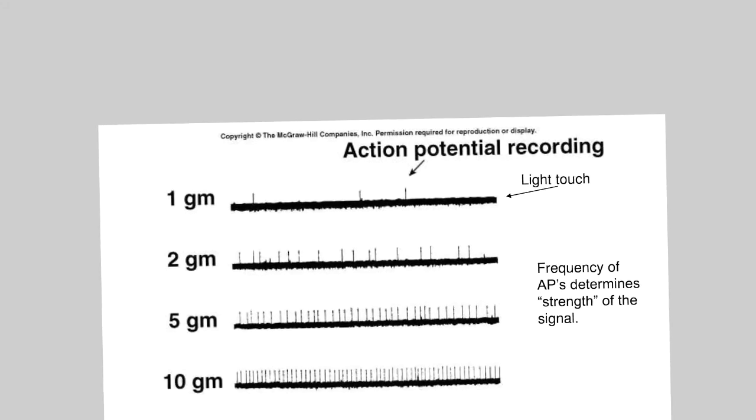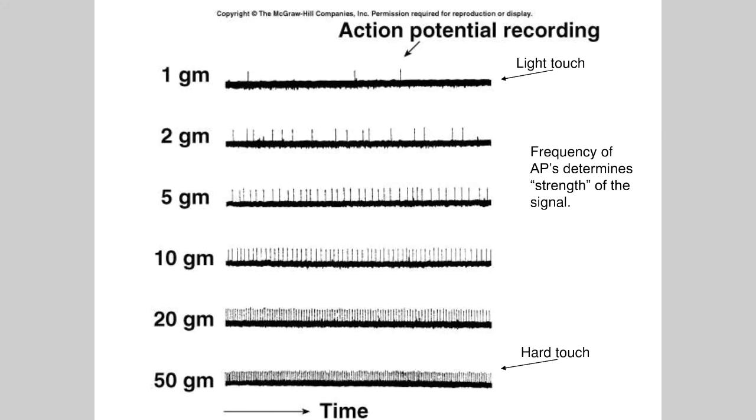And so that can be illustrated in this picture as well. This is a way of measuring action potentials, specifically the frequency of action potentials. On that presynaptic cell, in the first one, this would be like somebody touching you really lightly.